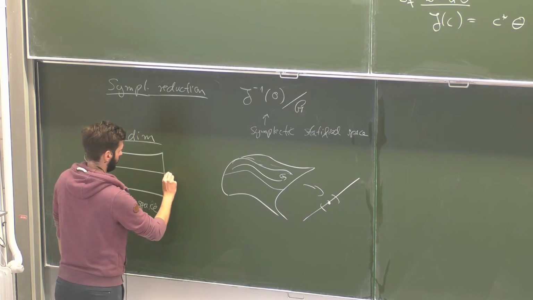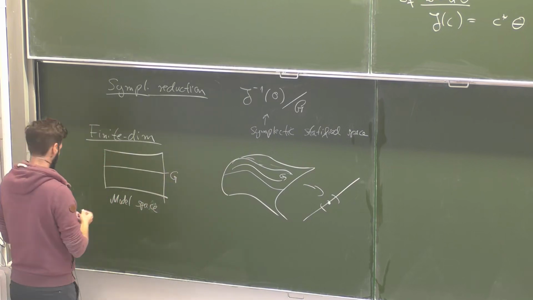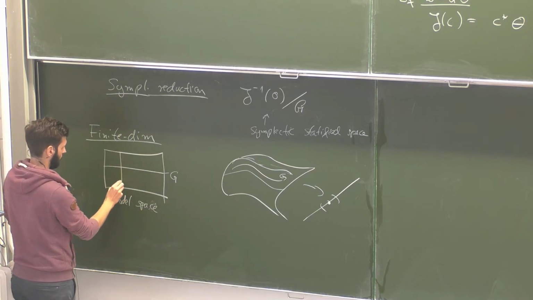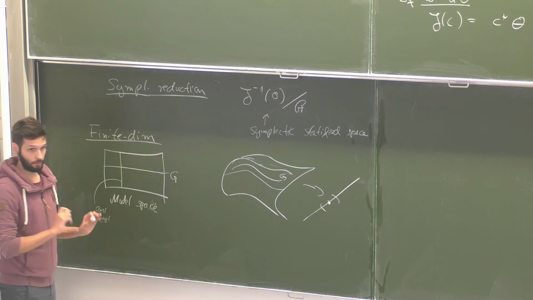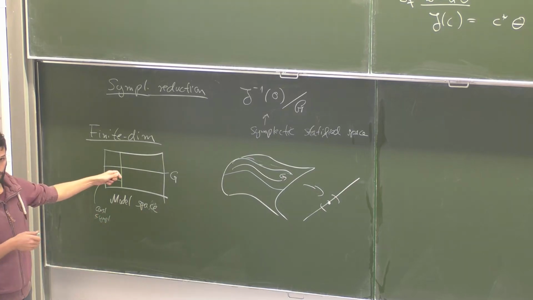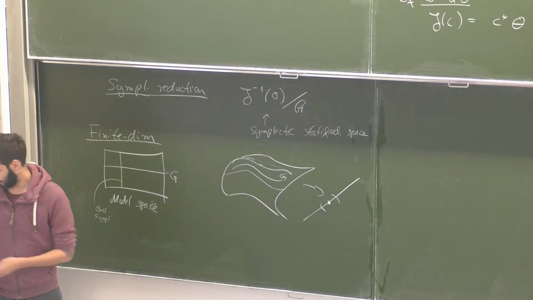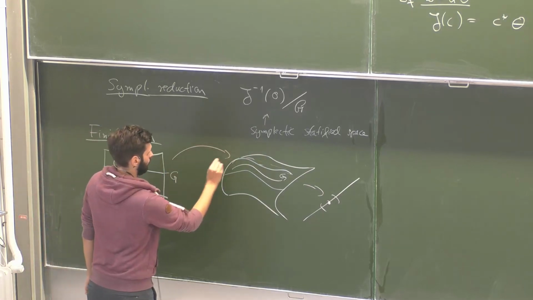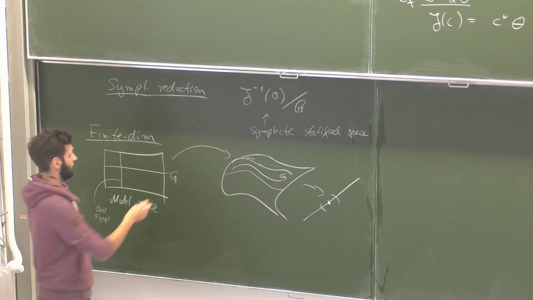And that reference system is essentially the action of the group, and then along the fibers you have a symplectic form, but essentially it's a constant symplectic form. I'm lying a little bit, but morally speaking that's what's going on. So you construct this model space, and then you use the Darboux theorem to glue this model space into your original manifold.